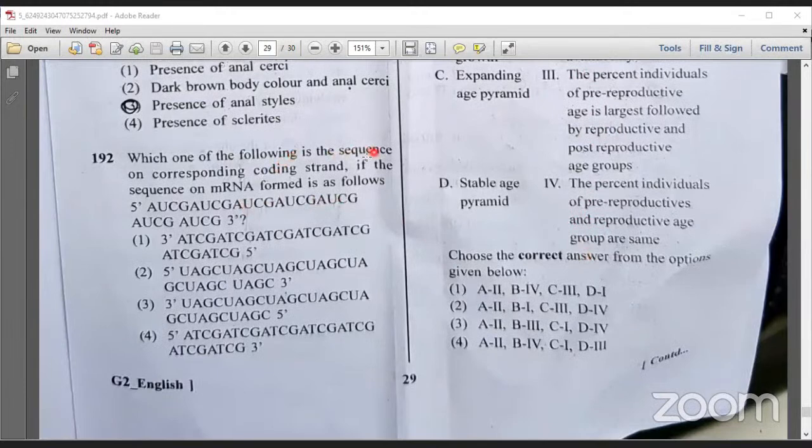And which of the following is the coding strand, if the sequence on the mRNA formed is as follows. They have given you the mRNA here, and we are supposed to identify the coding strand.